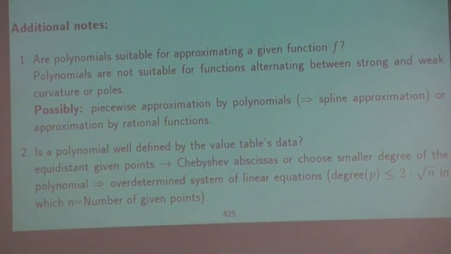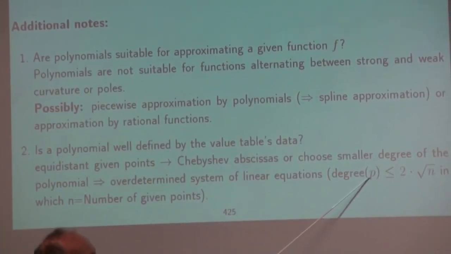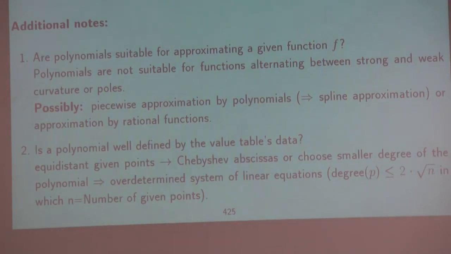There are such rules of thumb, and one rule is the degree of the polynomial should be less than or equal to 2 times square root of n. So if we have 100 points, then the degree should be 2 times 10, which is 20. But, I mean, you can more or less forget this. Maybe sometimes it works, but normally it wouldn't work.